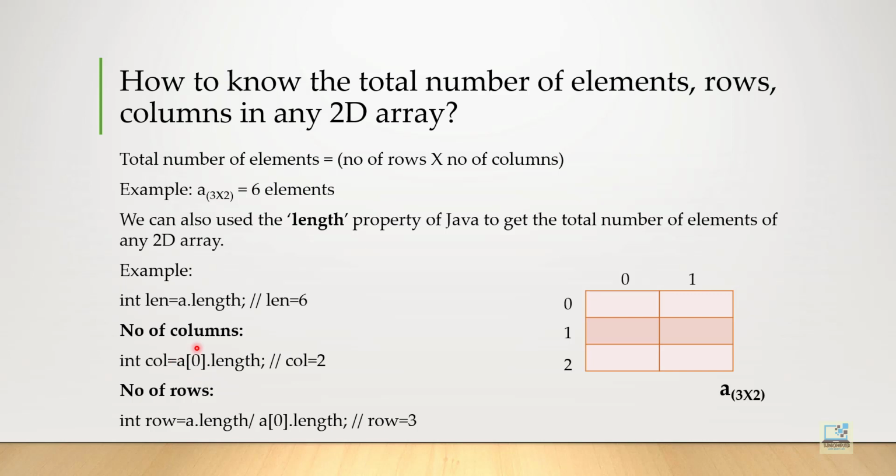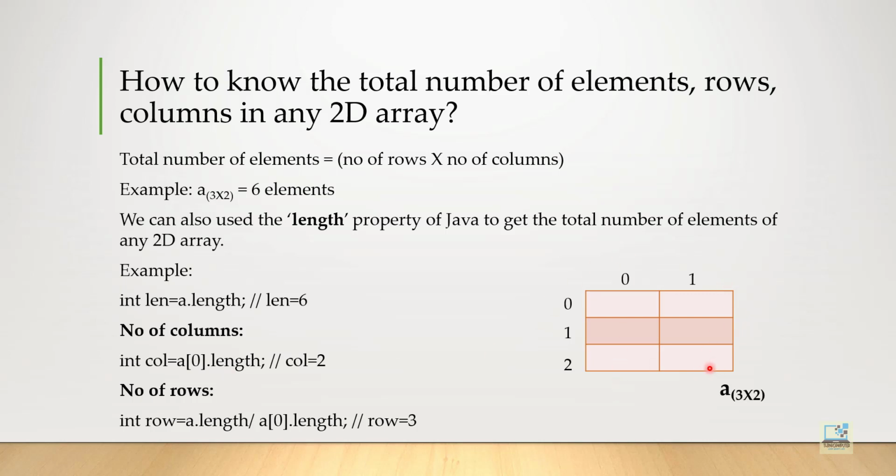So if I am referring to the first row, dot length means the number of elements in the first row. Now if you see the first row, how many elements are there in the first row? 2. In fact, that is the number of columns also. So to get the number of columns, we can write A[0] dot length, which will give me the number of elements in the first row. That is also the number of columns, 1, 2.